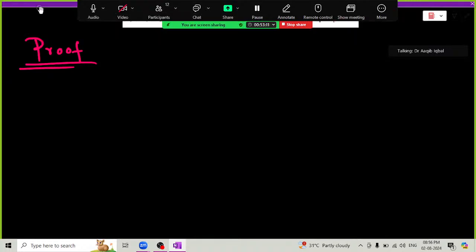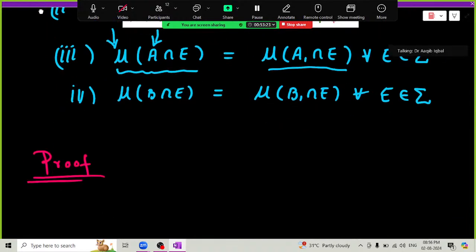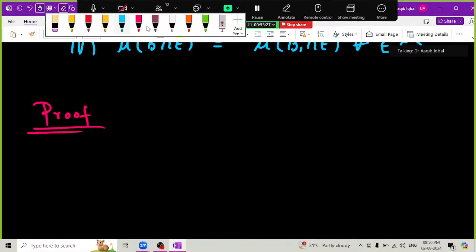If there is a Hahn decomposition with respect to minus mu, there will be a Hahn decomposition with respect to mu also. और जो बाकी वाली कंडीशंस भी है थियरम में, इन पे भी कोई असर नहीं पड़ता है. If you replace mu by minus mu, we may replace mu by minus mu, it's not a big deal. If necessary, we may replace mu by minus mu and ensure that mu never assumes infinity.